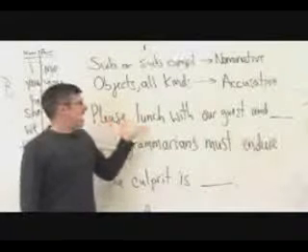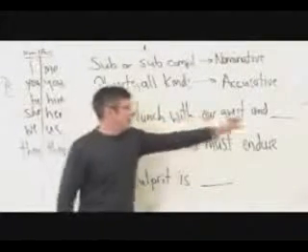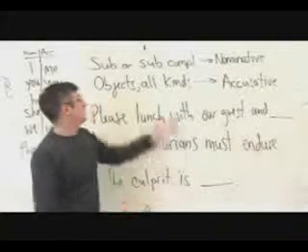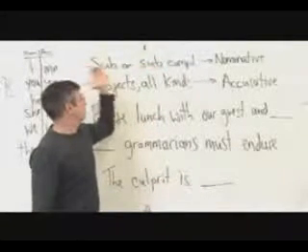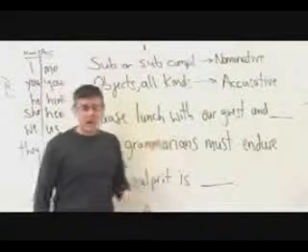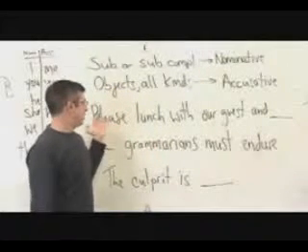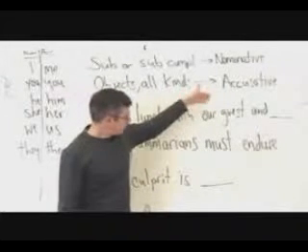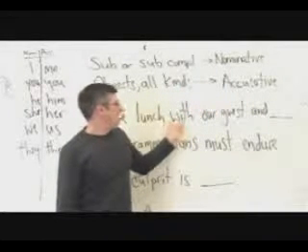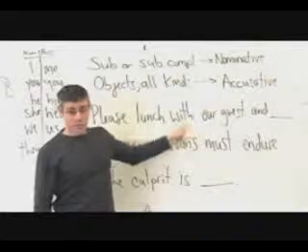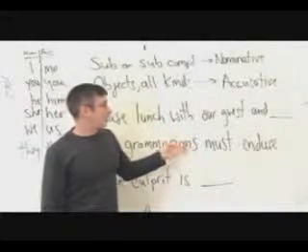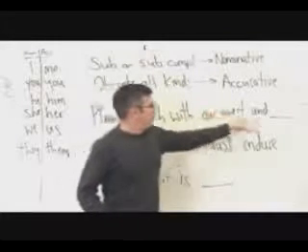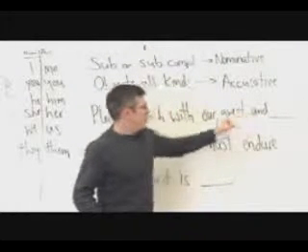So what you want to ask is, what is this thing that's going to fill that blank? What is its grammatical function? Is it a subjective complement? Is it a subject? Is it some kind of an object? Please have lunch with our guest and blank. With is a preposition. What is its object? Well, in fact, it has two, because we have this conjunction here.